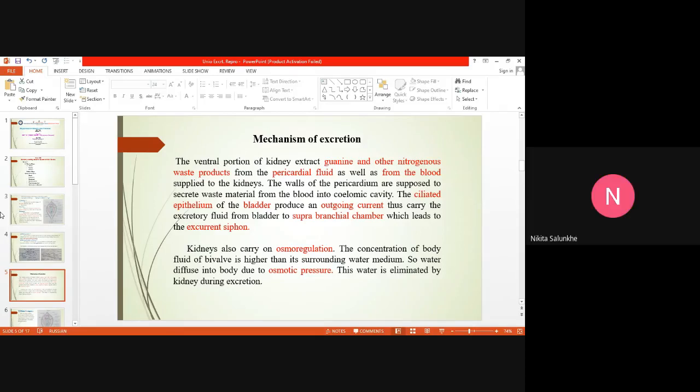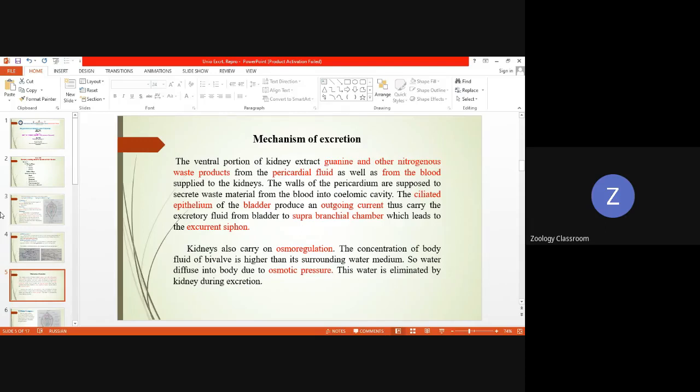The flow will be from the body of the organism to its surrounding. That means even though the animals are there in the water, they are facing the problem of water balance, isn't it? Yes, that is the problem in front of the marine animals.